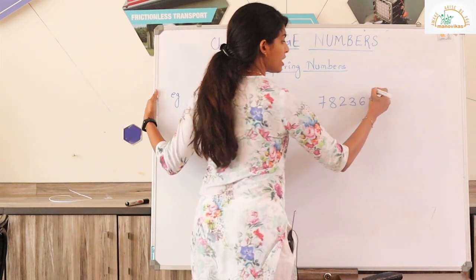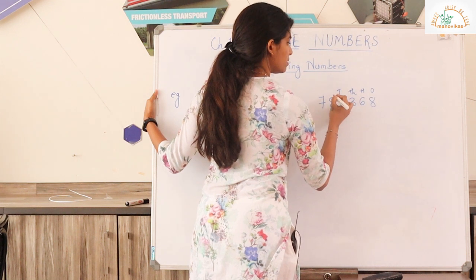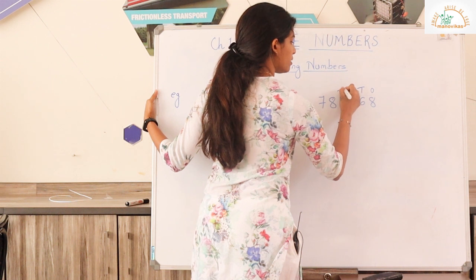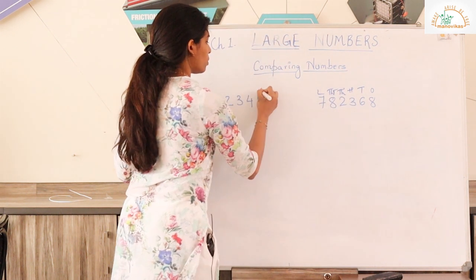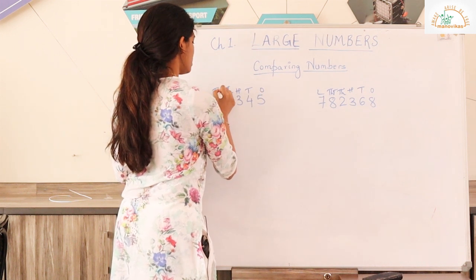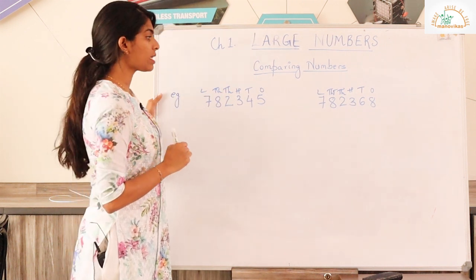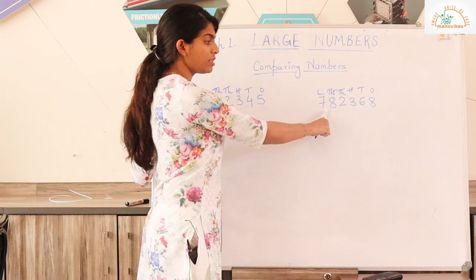Let's put their place values. Ones, tens, 100, 1000, 10,000, lakh. Ones, tens, 100, 1000, 10,000, lakh. Now if you see here, we have to count the number of digits first.